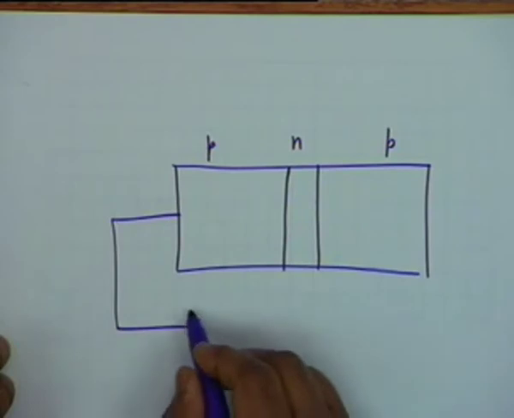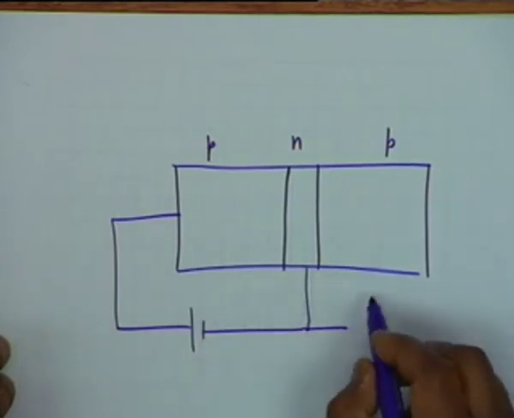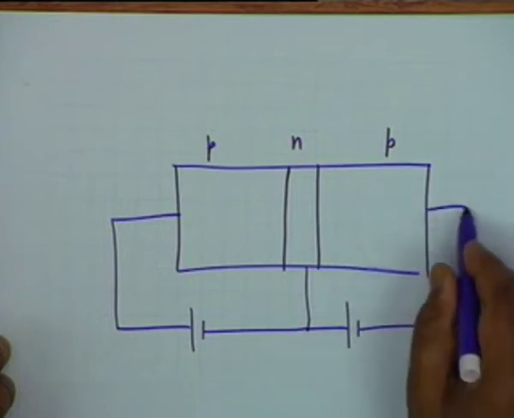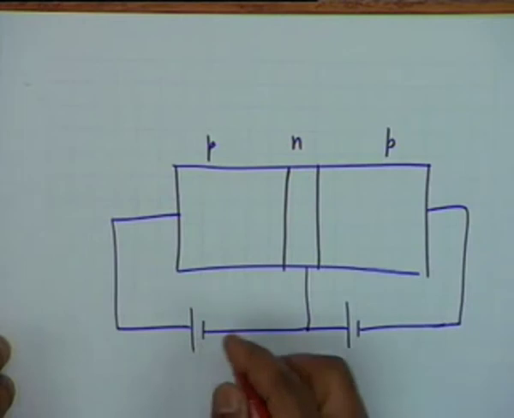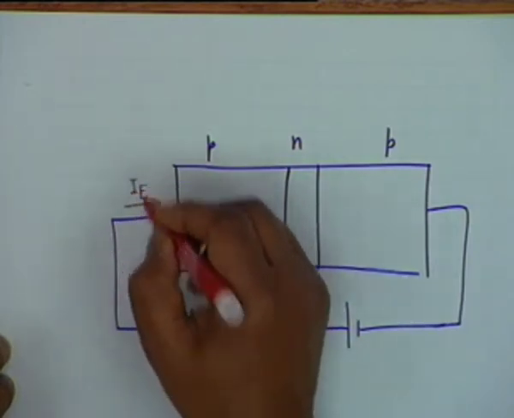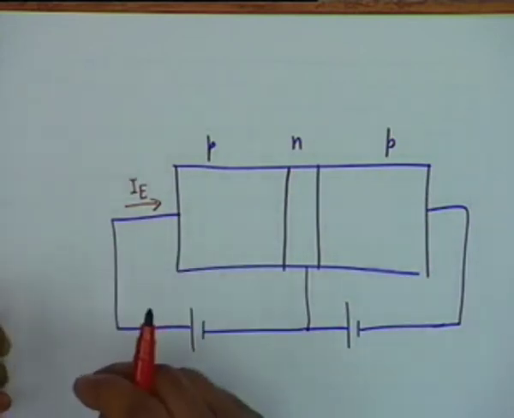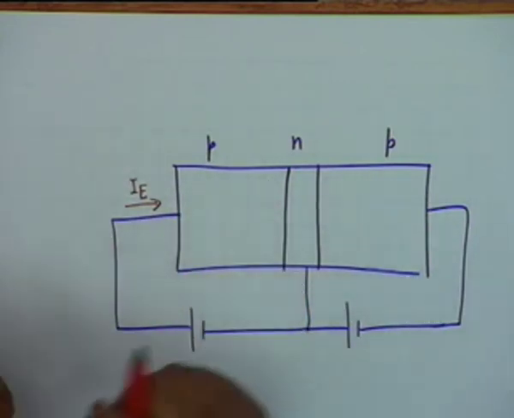We have, this is positive and this is negative, and this is positive and this is negative. Therefore the current that enters now in the emitter region, it enters because the emitter region emits holes, not electrons.